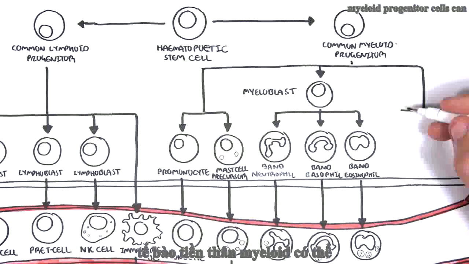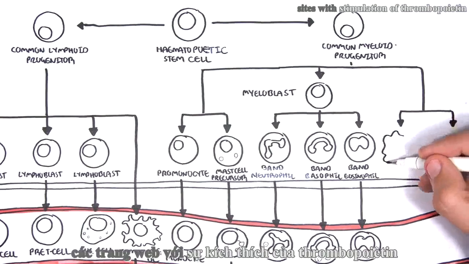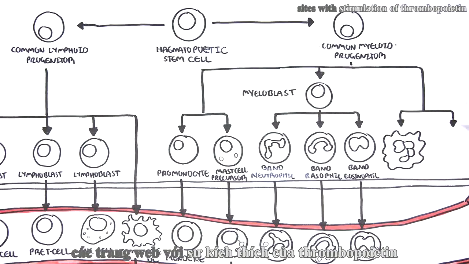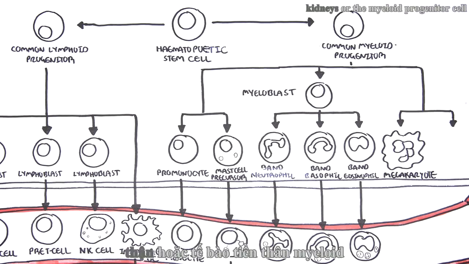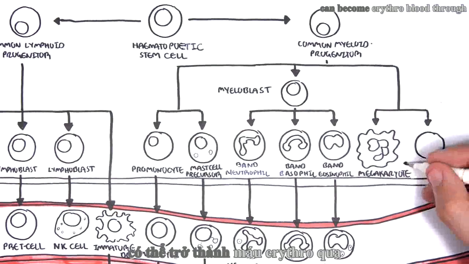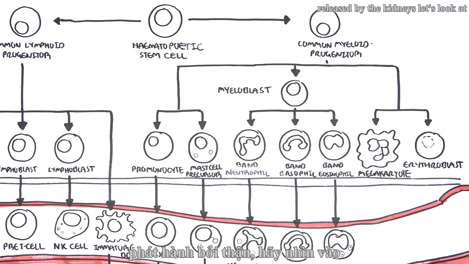Finally, the common myeloid progenitor cell can differentiate and become megakaryocytes with stimulation of thrombopoietin, a hormone produced by the liver and the kidneys. Or the myeloid progenitor cell can become erythroblasts through stimulation of erythropoietin, a hormone released by the kidneys.